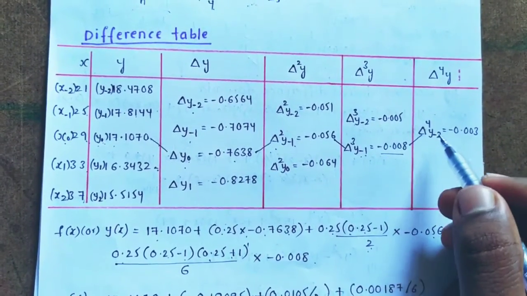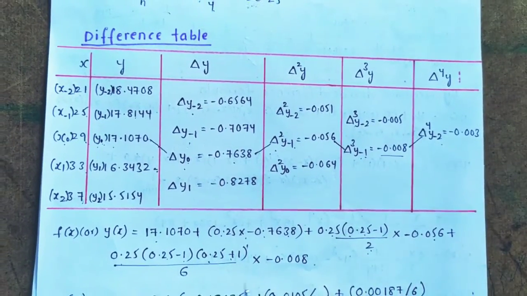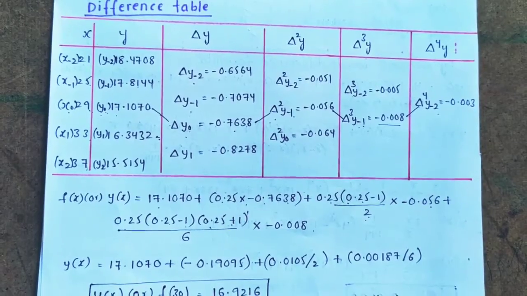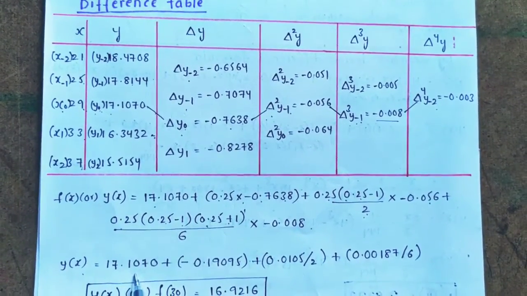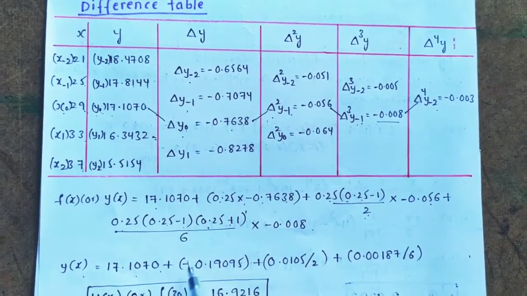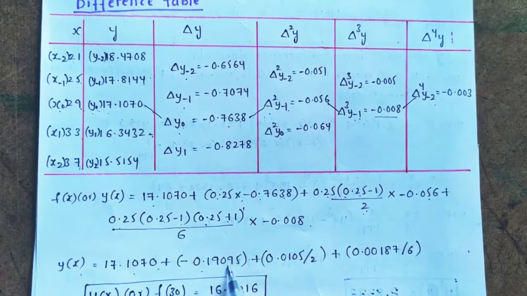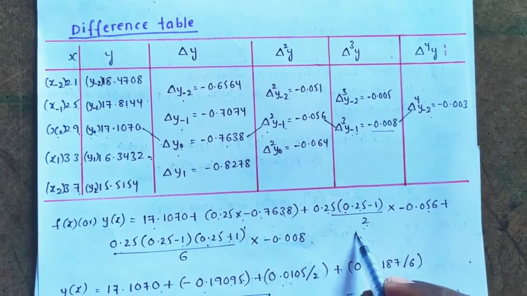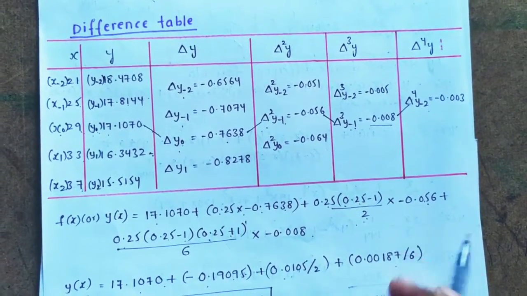Substitute all these values in the given formula, and finally we get the value of the unknown function, that is y of x: 17.1070 plus, and the value of this one is minus 0.19095 plus 0.0105 by 2, and similarly the remaining value is this one.